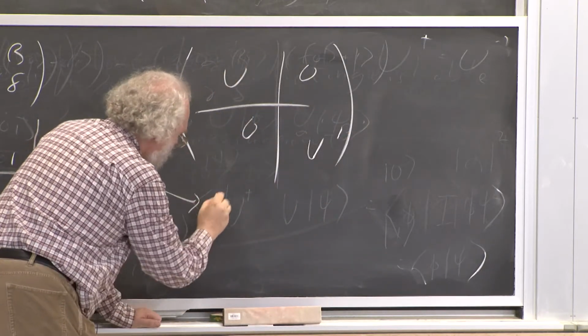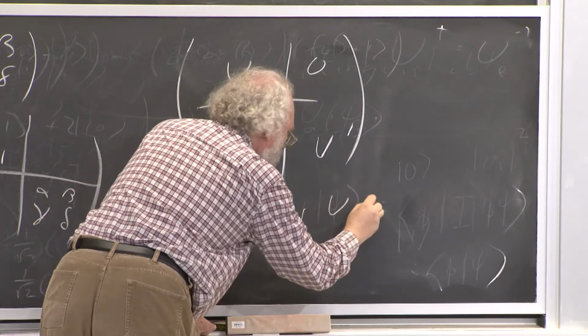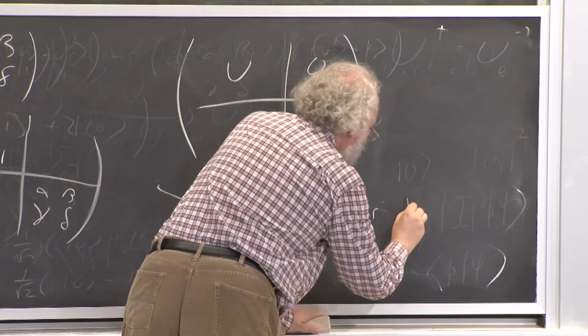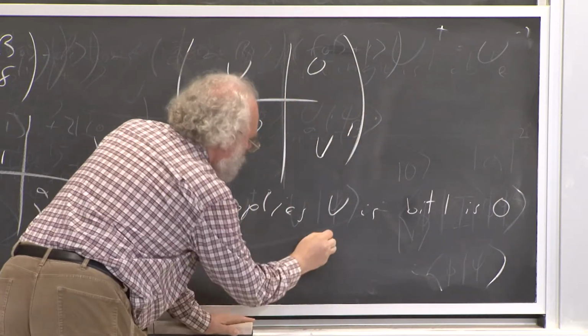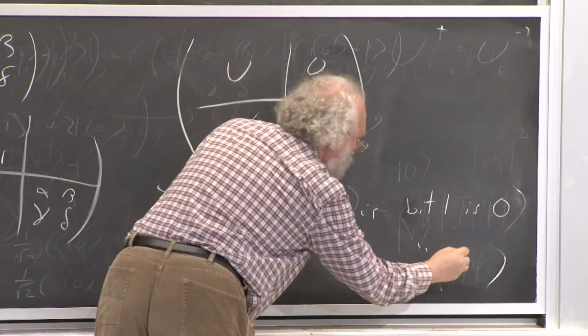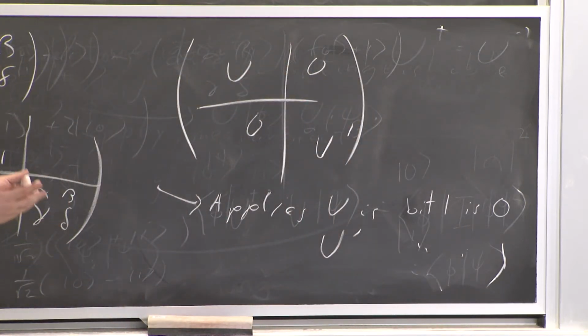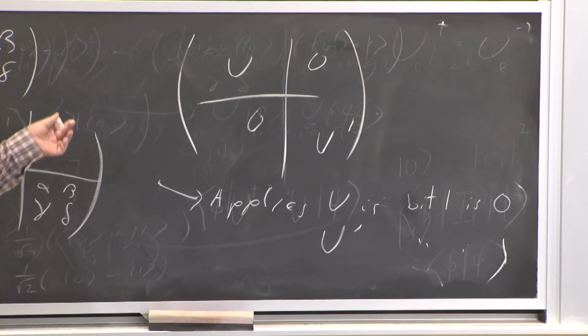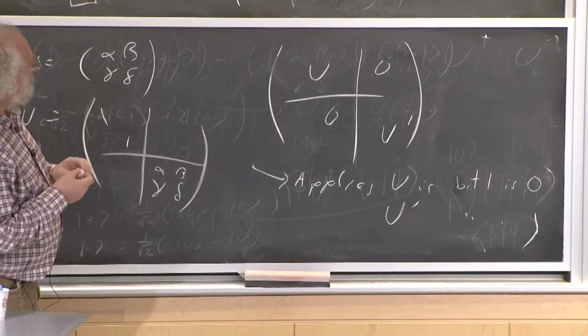What this does is it applies U if bit 1 is 0, and applies U prime if bit 1 is 1. But this is really not called a controlled U gate, although it's very similar.